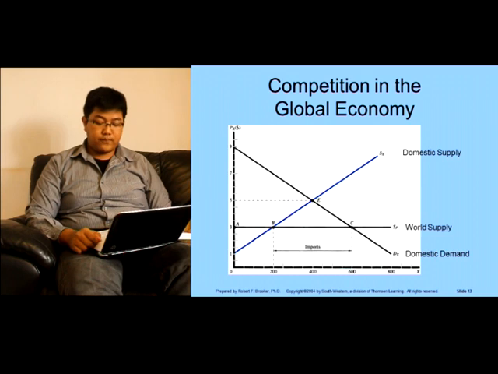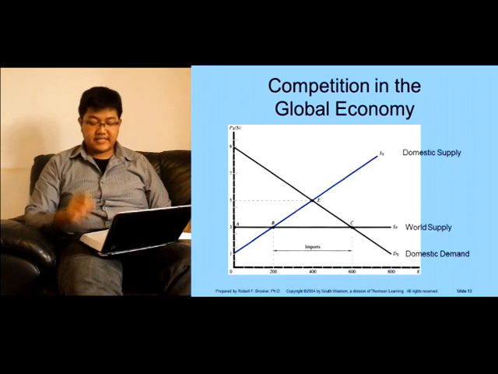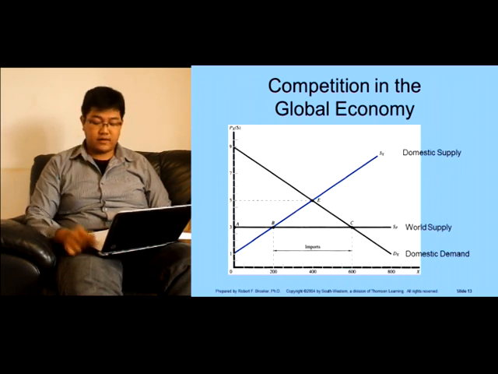And here is competition in the global economy: consumption, production, and imports under free trade. In the absence of trade, equilibrium is at point E, where Dx and Sx intersect, so that Px is equal to $5 and Qx is 400.